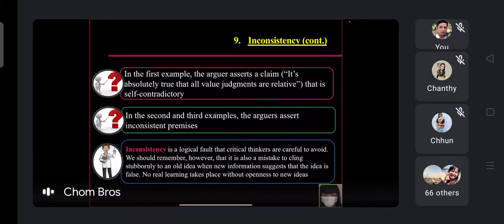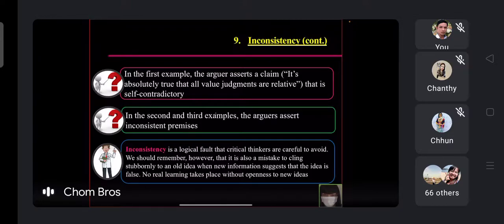And next, I want to explain each of the examples. In the first example, the author asserts that it's absolutely true that all value judgments are relative, which is self-contradictory.